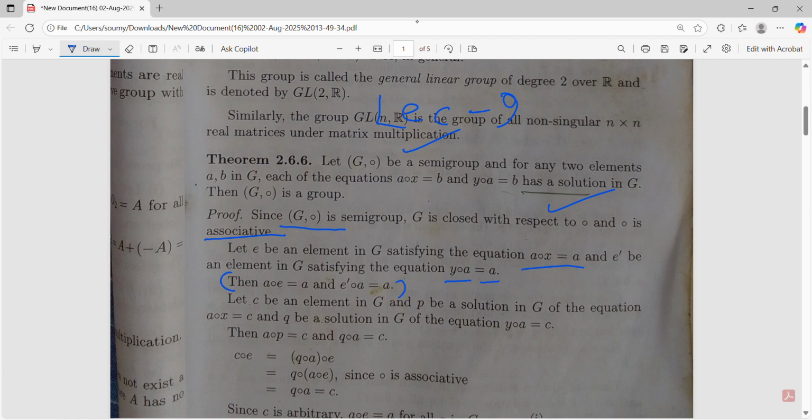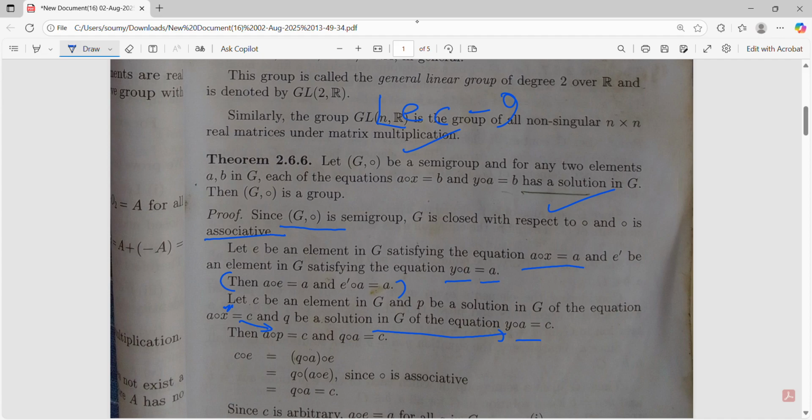Now let C be an element in G, and P be the solution of the equation A compose X equals C, and Q be the solution of the equation Y compose A equals C. So we replace X by P and get A compose P equals C, and replace Y by Q and get Q compose A equals C.